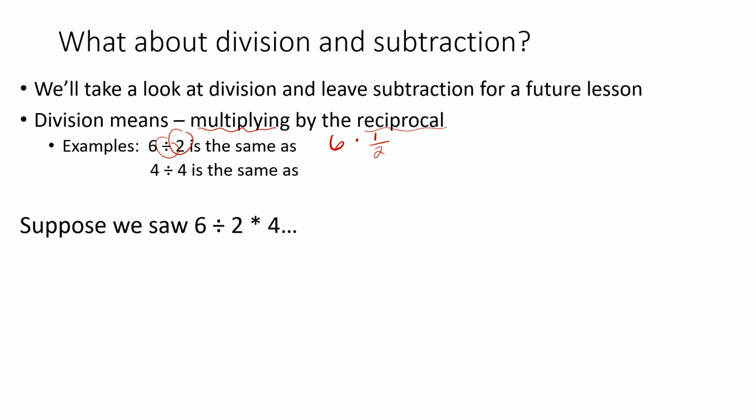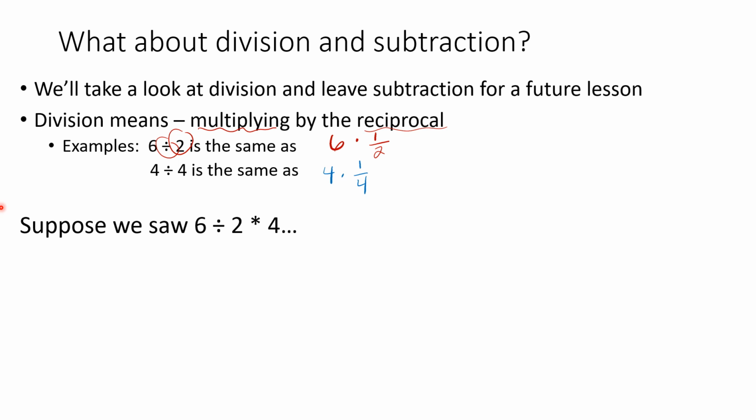4 divided by 4 could be written as 4 times, and then the reciprocal of 4 is 1/4. So we could read that as 4 divided by 4 is 1, or 1/4 of 4 is 1. So pretty much any division could be written as a multiplication problem. You would just take the reciprocal of whatever it was that you were dividing by.